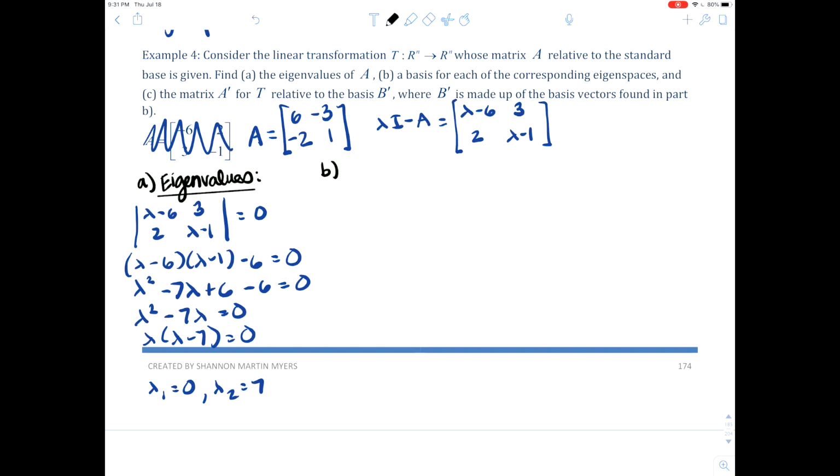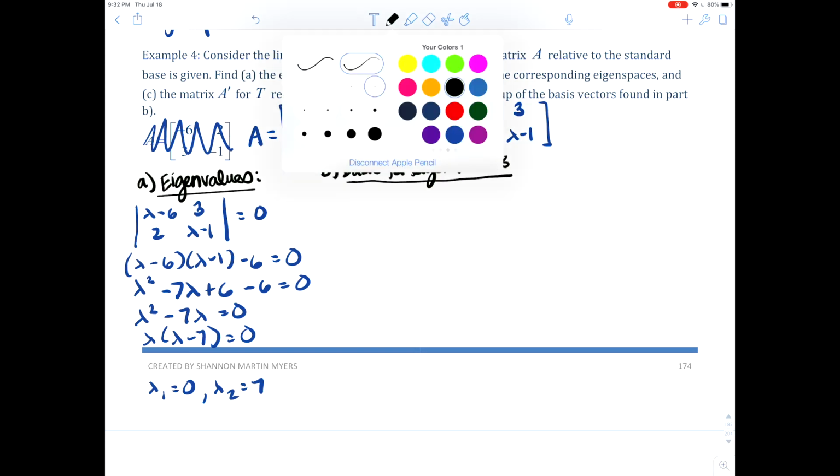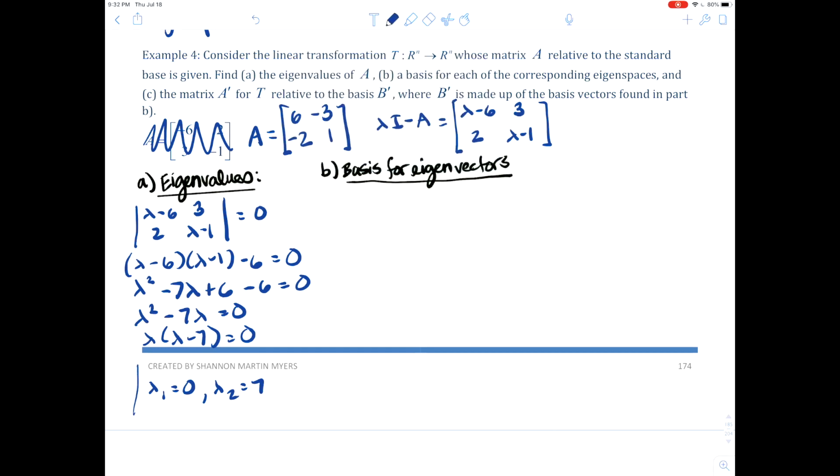Part B, we need to work on a basis for eigenvectors. All right, so when we do that, let's go ahead and box this one because we're all done. And then here, for lambda 1 equal to 0, let's see what happens.